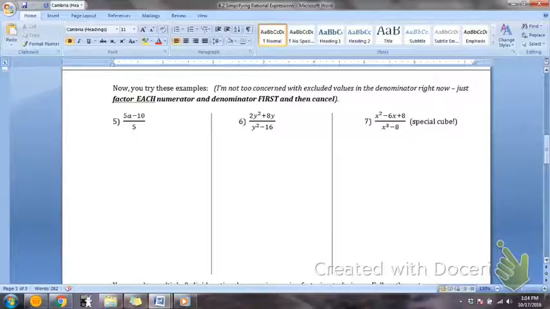Not breaking it apart like this, but factoring. What do these two have in common? 5. Pull that out. You forgot something. The top is not factored. Correct. Number 6.